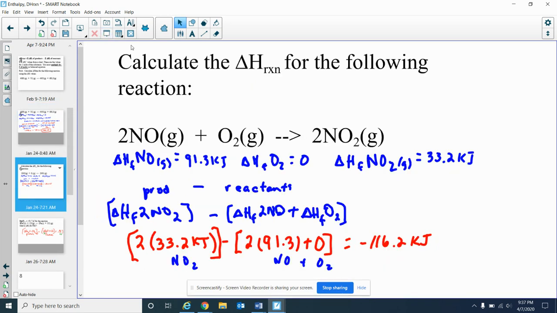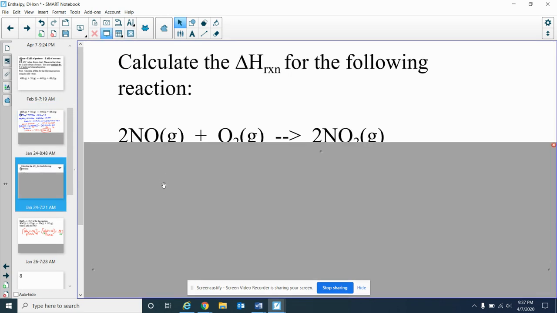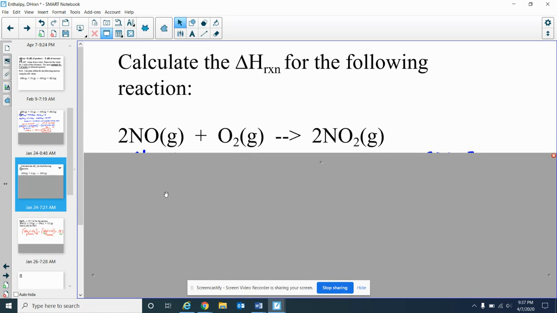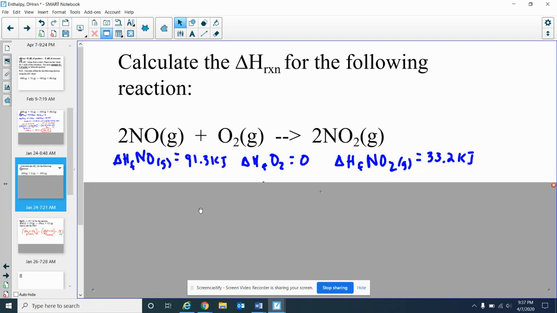If I want to calculate the heat of reaction for 2 NO gas plus O2 gas making 2 NO2 gas. Once again, I look up the heat of formation value for the NO gas off the chart. It's 91.3. Oxygen is still 0 because it's naturally occurring.